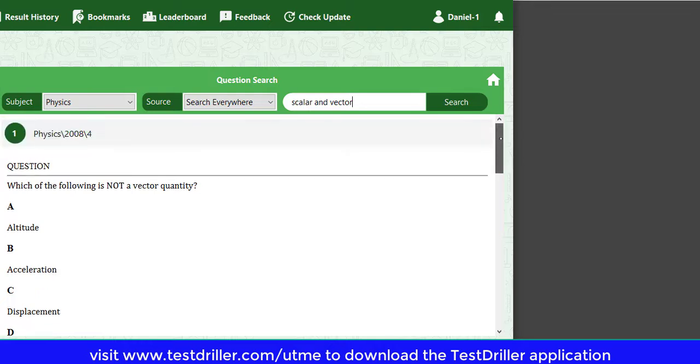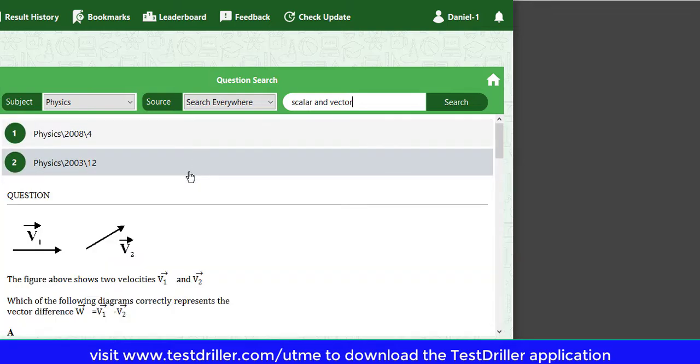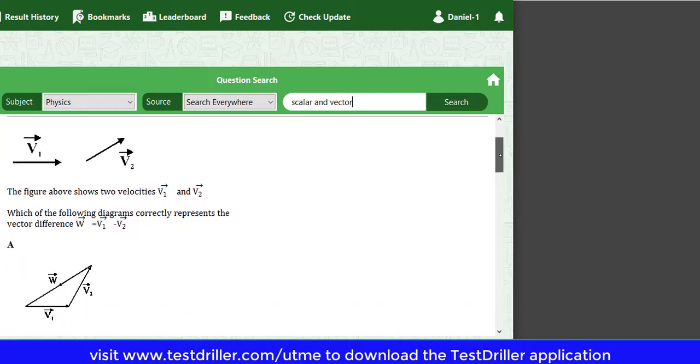So let's take a look at another example. That's question 12 from the year 2003. The figure above shows two velocities, v1 and v2. Which of the following diagrams correctly represents the vector difference? So here we have two velocities.